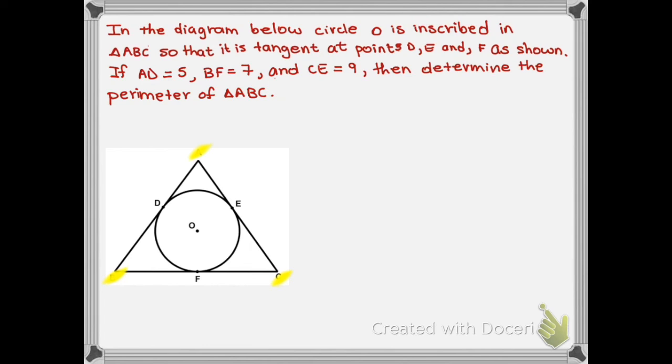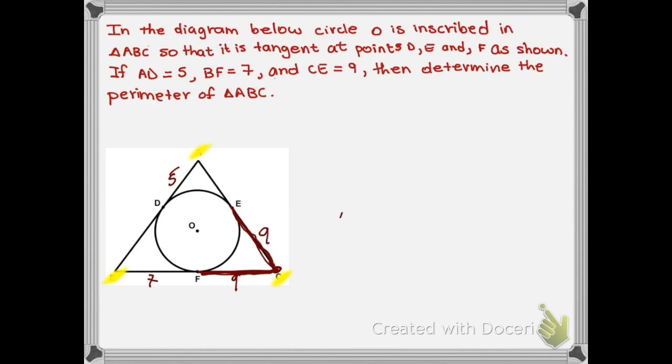They gave us that AD is 5, right? And so once we label them, I know that CF has to be the same as the other tangent touching C. Okay, so the other tangent is going to be CE, and that is also 9.